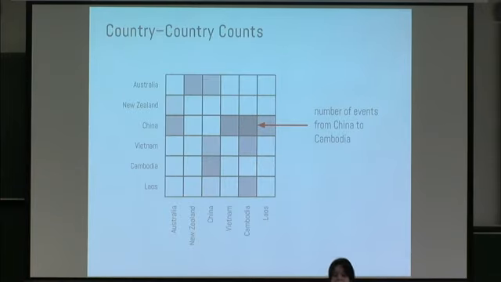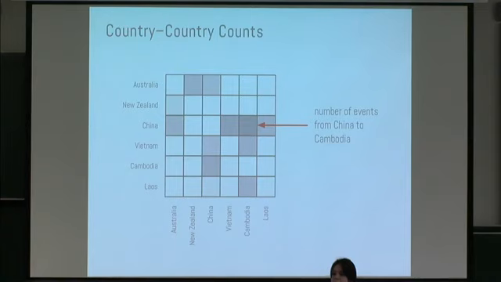So let's imagine that rather than an event count tensor, we just have an event count matrix. Specifically, we're going to forget about action types and time steps and just imagine that we have an n by n sender-receiver matrix, where n is the number of total countries in our data set.